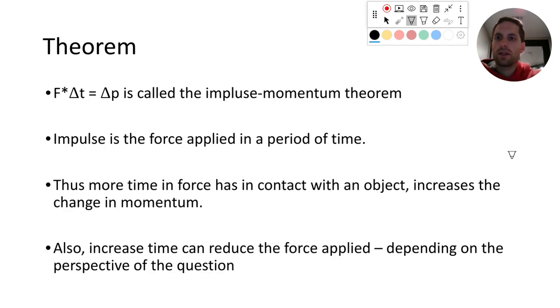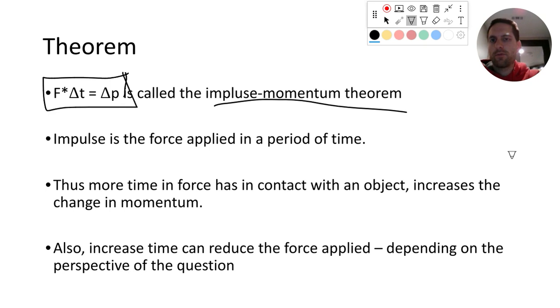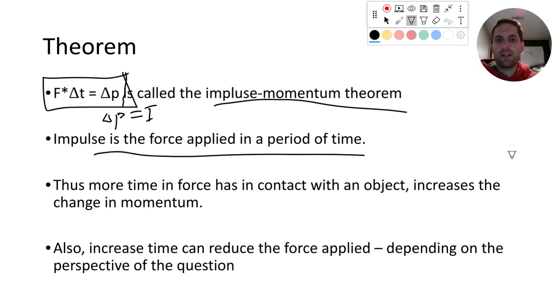So this theorem, this equation, it is actually called a theorem. This is the impulse momentum theorem. Remember that change in p, or change in momentum, is also the impulse. And the impulse is the force applied in the period of time. By definition, force applied, period of time.